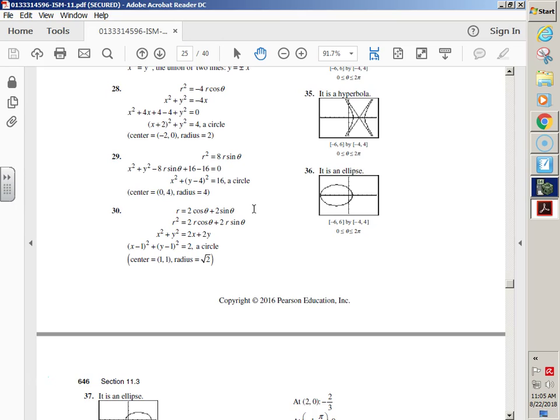You end up with y squared minus 8y plus 16, which factors to a perfect square. So x squared plus (y minus 4) squared equals 16. The center is at (0, 4), radius is 4. But that was only if you needed to identify. Otherwise, you would just say it's a circle, and it's messy, and I'll leave it to someone else. What's the next one?